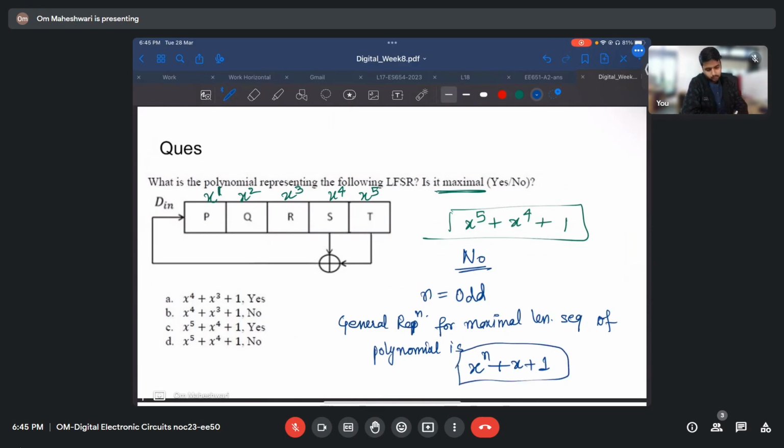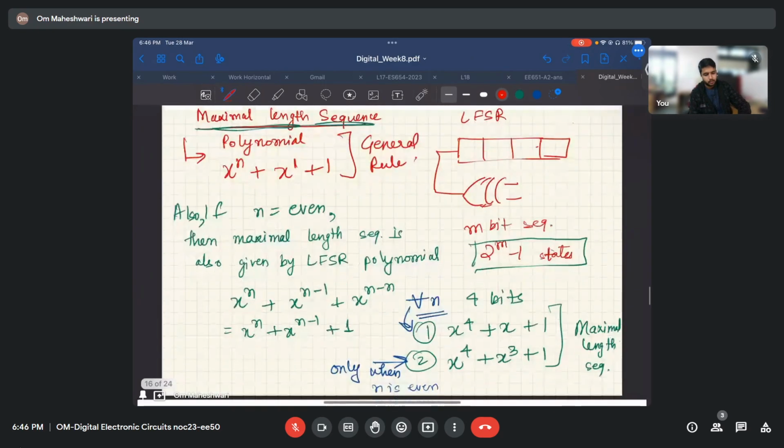And this is not the case here. So the answer is x5, x4, x1, and no. And this is the answer. Please see both of these rules again once.